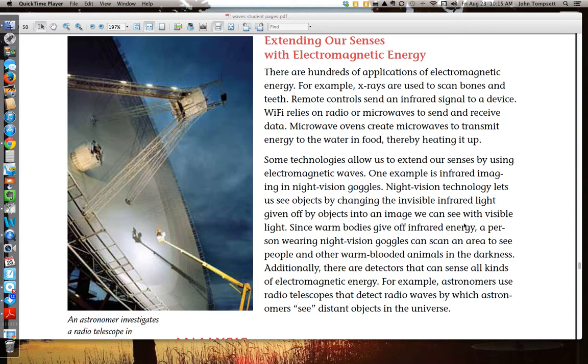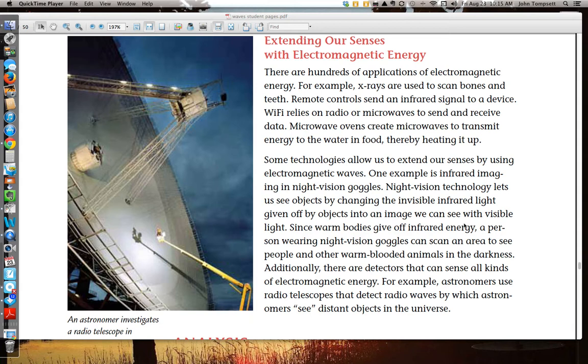Some technologies allow us to extend our senses by using electromagnetic waves. One example is infrared imaging in night vision goggles. Night vision technology lets us see objects by changing the invisible infrared light given off by objects into an image we can see with visible light.